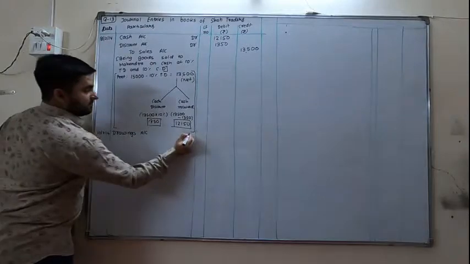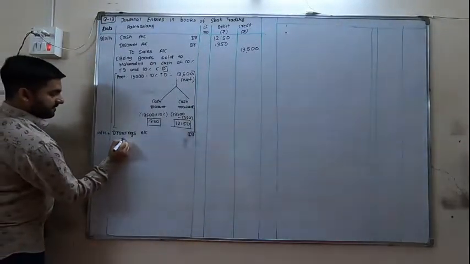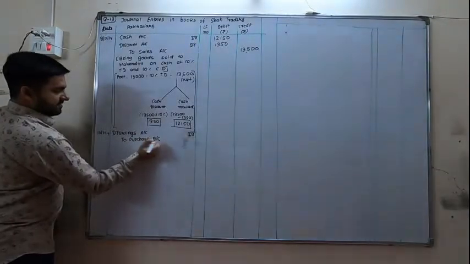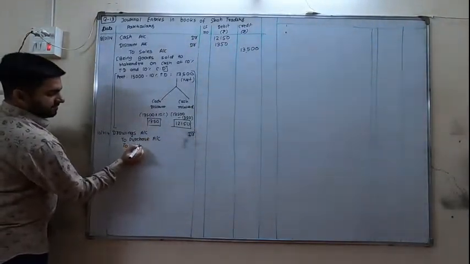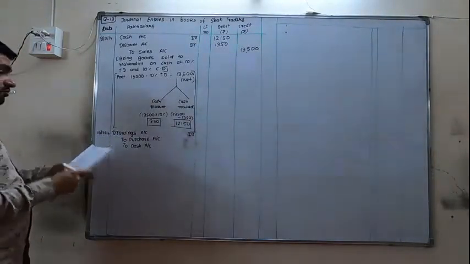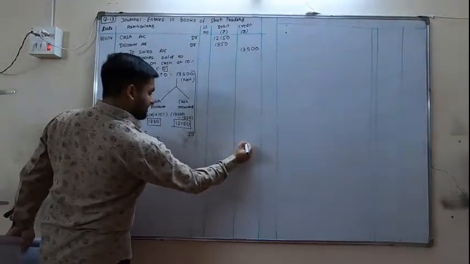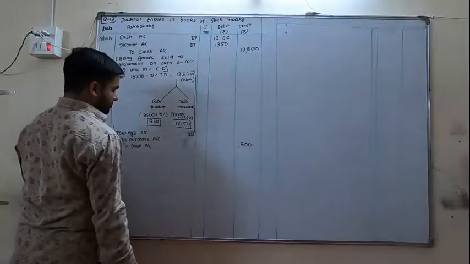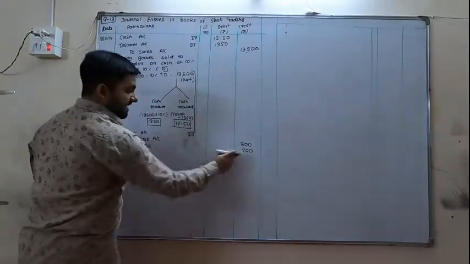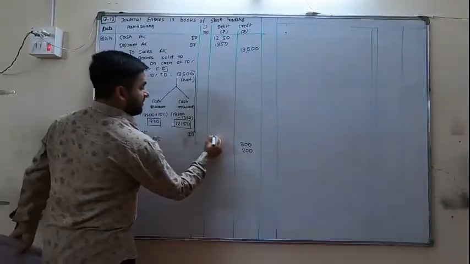So drawings account debit to purchase account, to cash account. Now we are withdrawing goods of 300, so purchase credit 300, and cash 200 we are withdrawing, cash credit 200, so total will be 500.